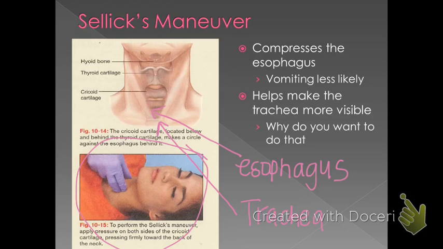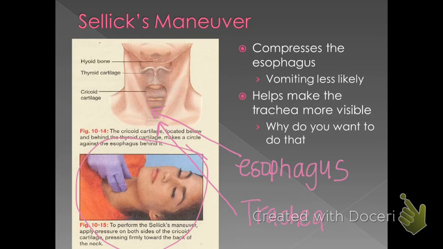It's located right below the thyroid cartilage in the neck. You're going to compress with a steady, gentle force, just enough to compress the flexible esophagus, but not enough to damage the trachea. In other words, to fracture the trachea, right? And you're going to maintain this pressure until either the EMT or the paramedic tells you to stop, which is typically after they've intubated the patient.